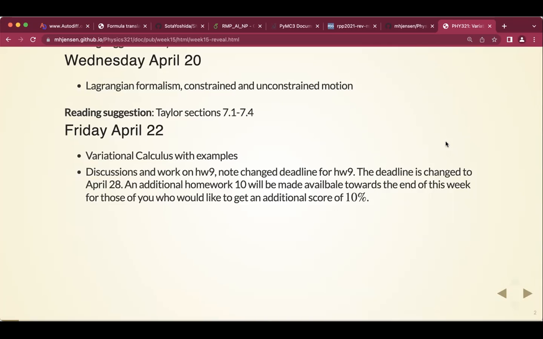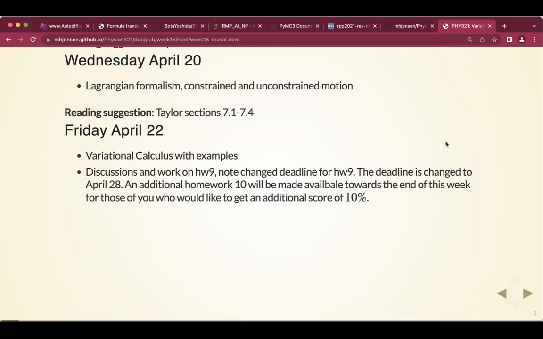Okay, so I wanted to just say something about this Lagrangian formalism. One of the things which I mentioned last week was what we are actually going to optimize in this calculus of variations. When we say optimizing, it means to find the minimum or maximum of a specific function.